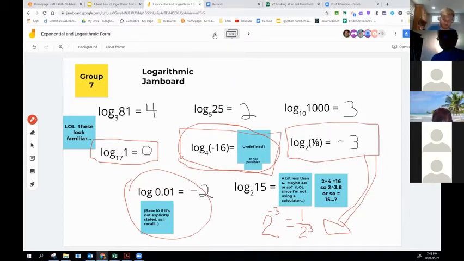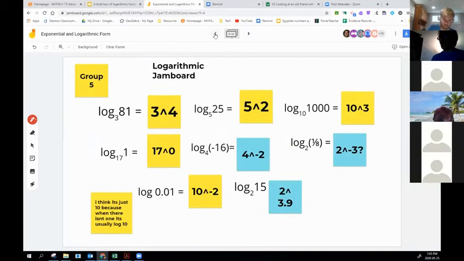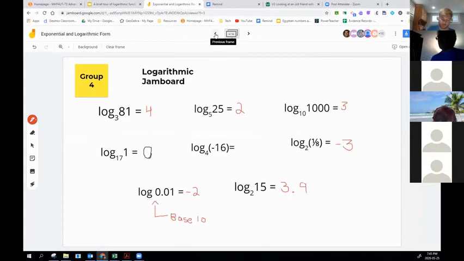That's just a convention. I think it's just 10, because when there isn't one, it's usually log 10. So you're right. Group 5, 2, good job. Base 10, so good job. So when we do not see a base specified, we immediately default to base 10.